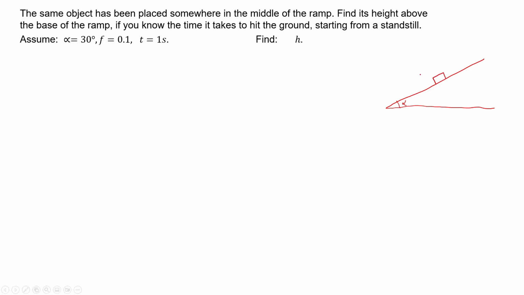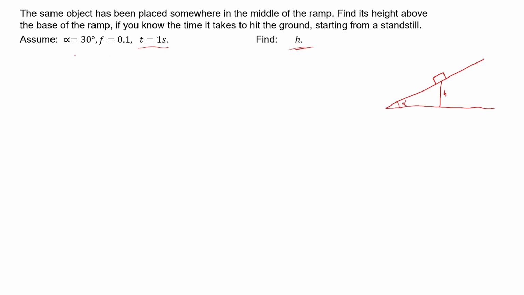Find its height above the base of the ramp, so it would be this height here. Let's call it h as it's shown here. Find the height above the base of the ramp if you know the time, which is 1 second, it takes to hit the ground starting from a standstill.